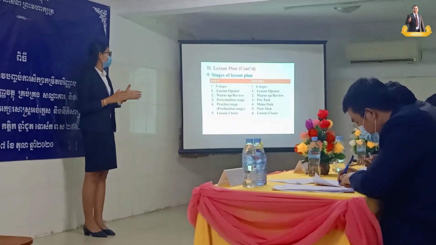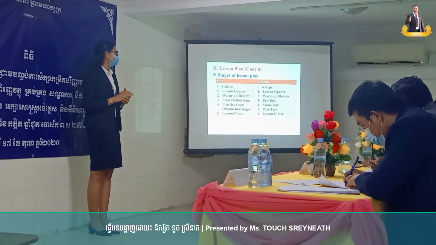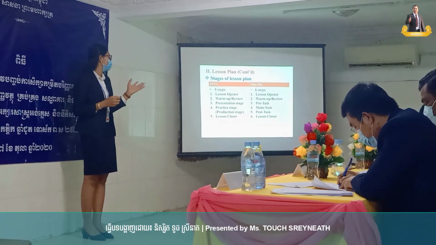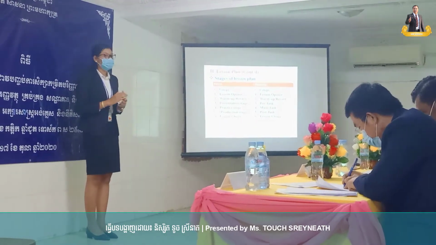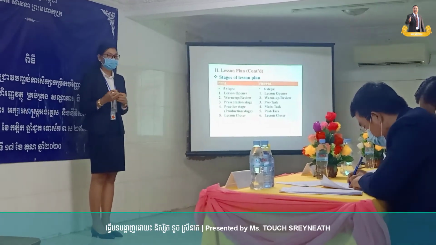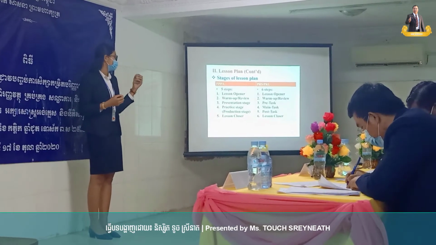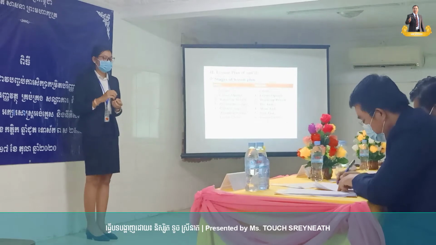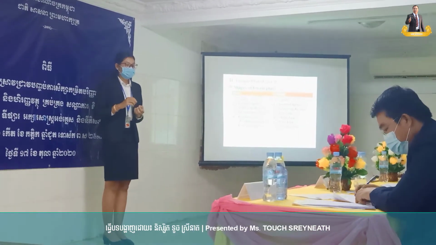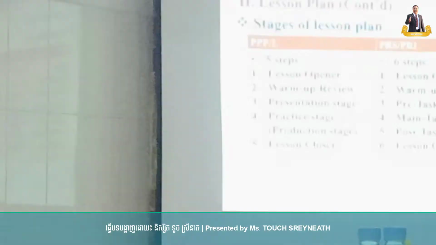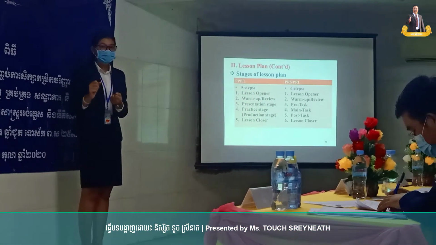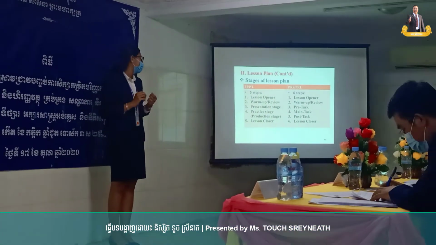For POS or POL, there are 6 steps. The first, lesson opener, is related to the PPP or PPL. Second, warm up or review, is related to the PPP or PPL. And third, pre-teach, refers to pre-teach, setting the scene, and being well prepared.